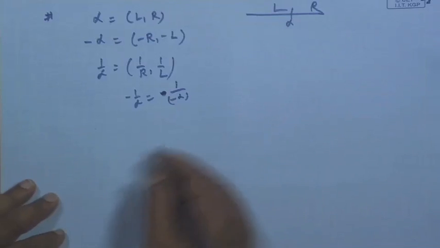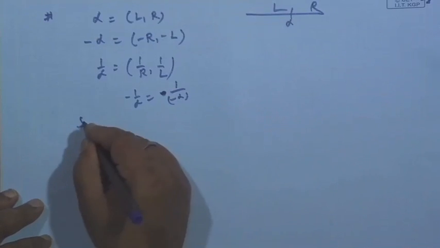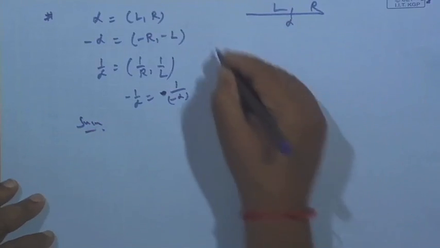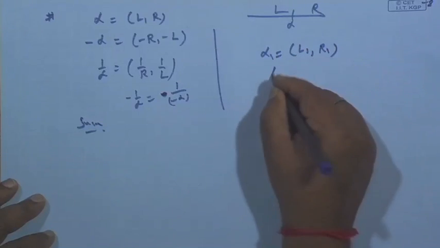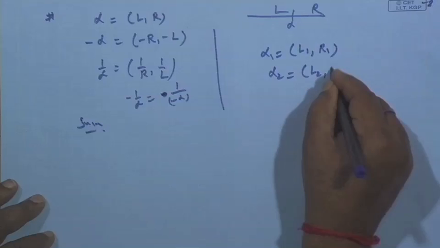Then sum and difference. Suppose we have alpha 1 as one cut L 1 R 1, alpha 2 as another cut L 2 R 2.